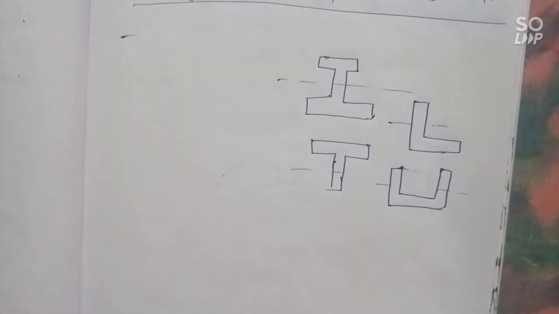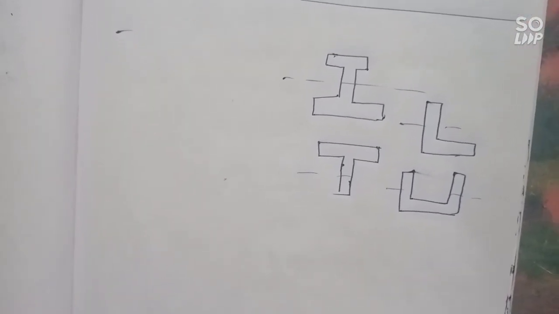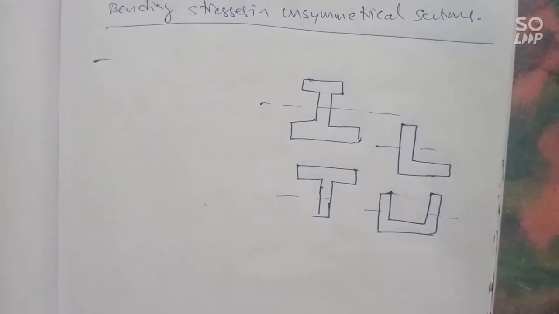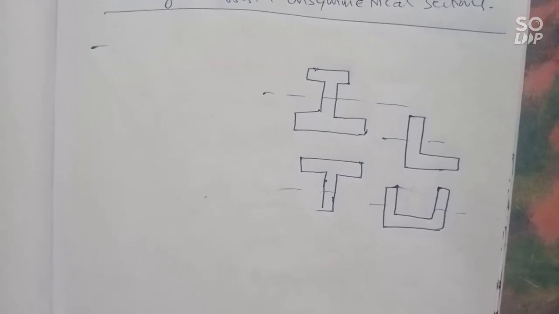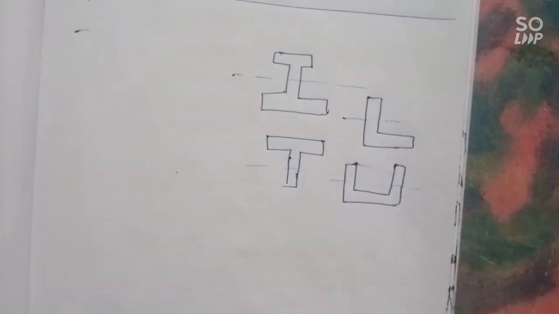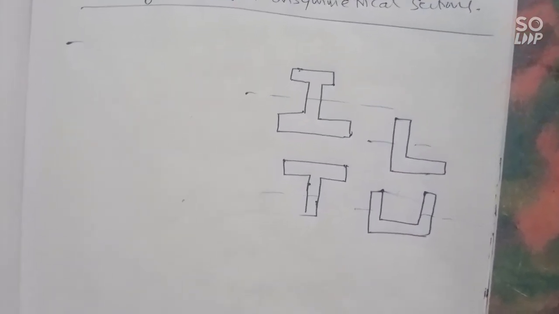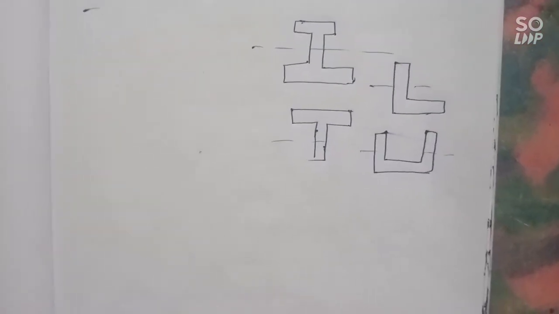Hence the value of y for the topmost layer or the bottommost layer of the section from the neutral axis will not be the same. So we have to find the bending stresses in the beam with the bigger value of y, meaning the maximum y has to be utilized.